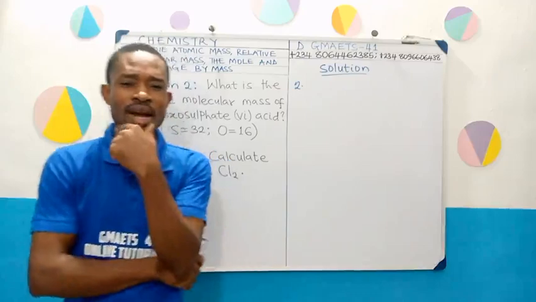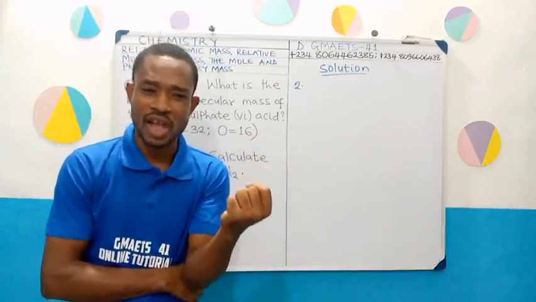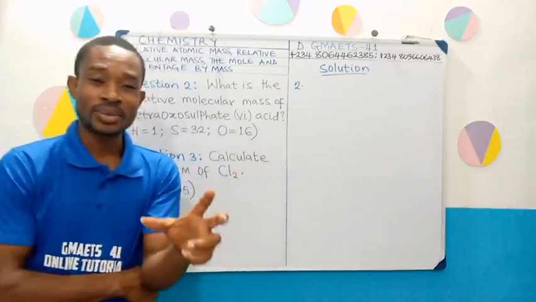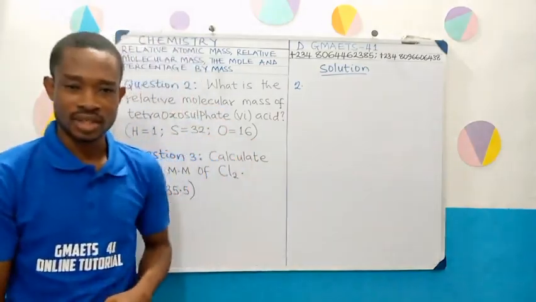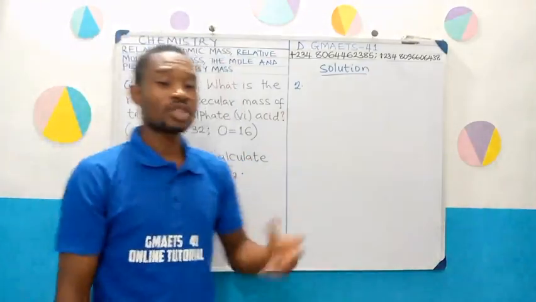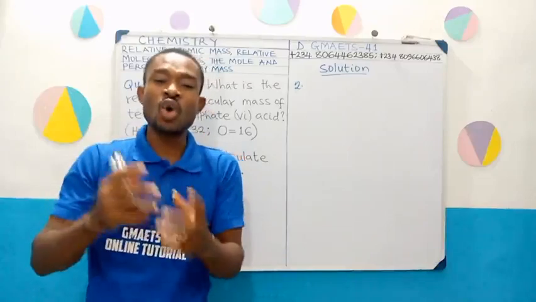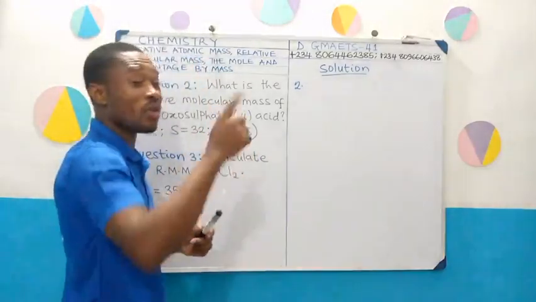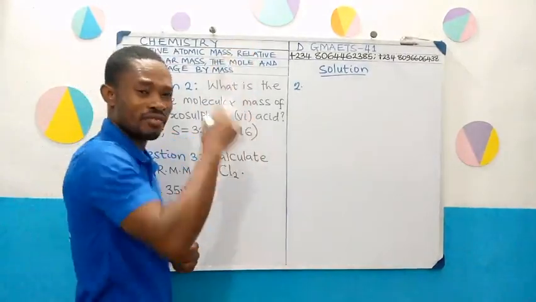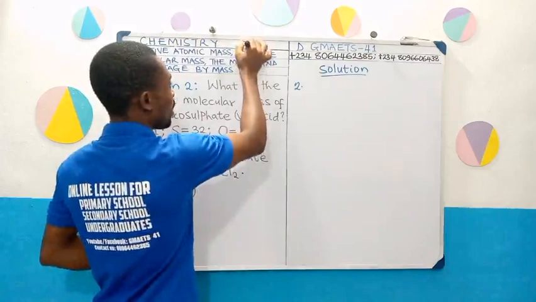Okay, does that mean that we have only 2 elements in tetraoxosulfate 6 acid? The answer is no. Whenever you hear acid, it means there is hydrogen in it. So actually tetraoxosulfate 6 acid is hydrogen and the tetraoxosulfate ion. Remember the tetraoxosulfate ion, we've already treated something like that under valencies in our past classes.